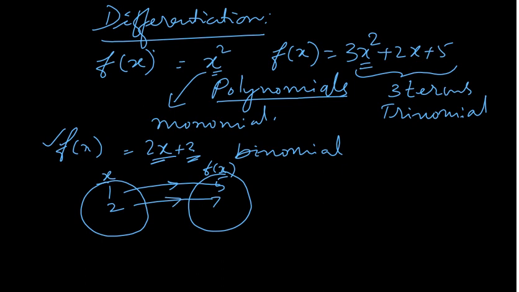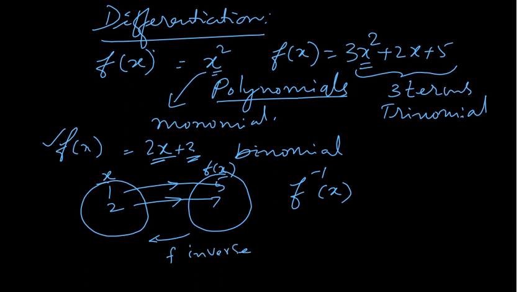Remember the vertical line test I explained, and functions. If you do it the other way, if I say f inverse of x, that means we are going from here to here. This way is f inverse, this is normal f.